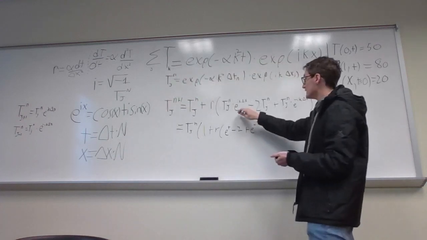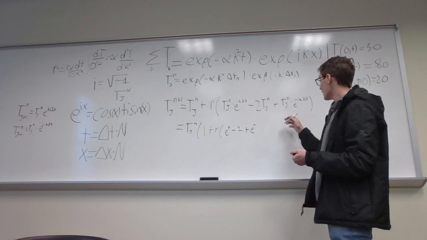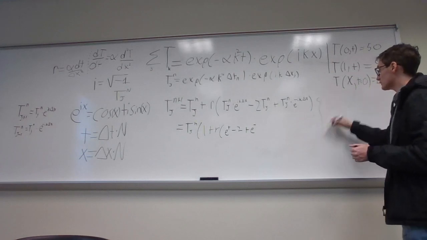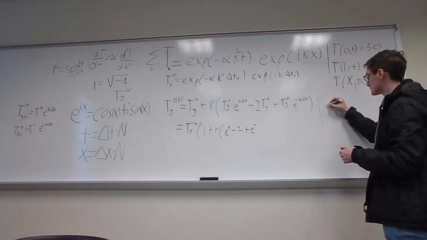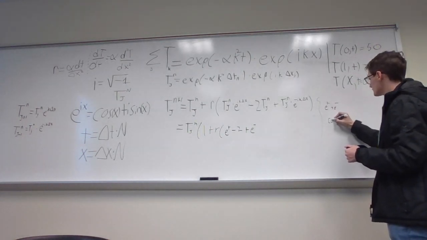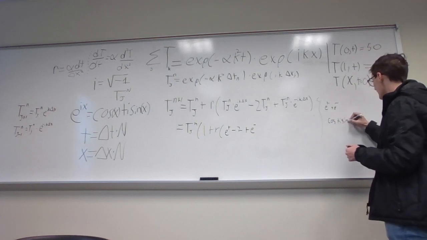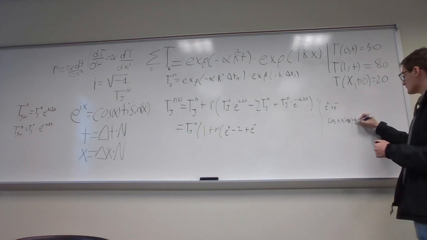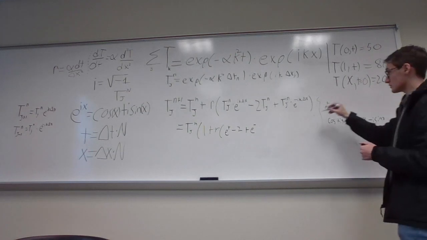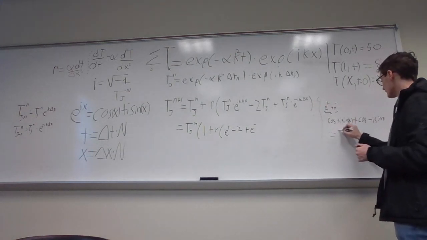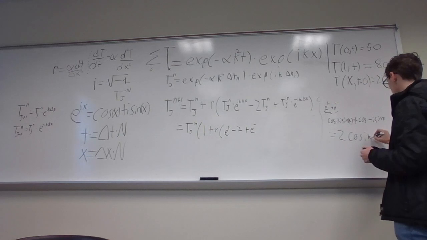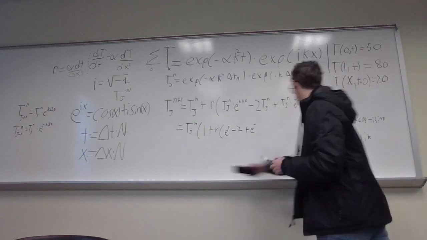So what we get up here is e to the ik delta x plus e to the negative ik delta x. So we get cos plus i sine x plus cos minus i sine x. So this term ends up equaling 2 cos k delta x.